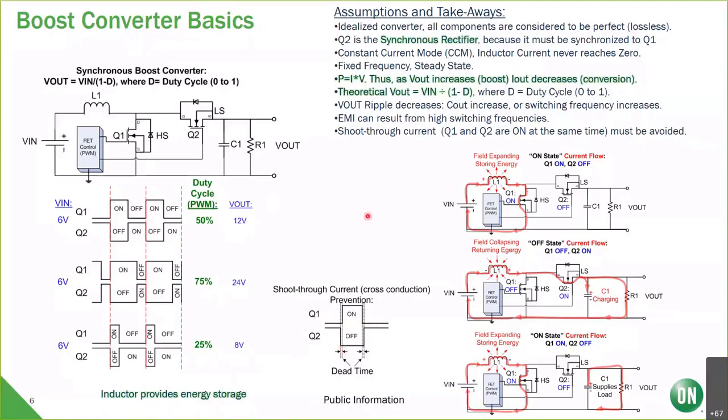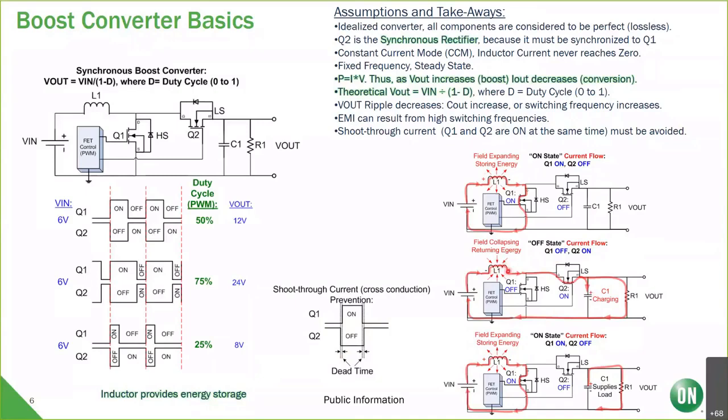And let's walk through the current flow. So when Q1 is on, with a boost, that's when we start storing energy in the inductor. So the field's expanding. And then when we switch and Q2 is on and Q1 is off, now we're dumping that energy through Q2 into the storage cap as well as the load.